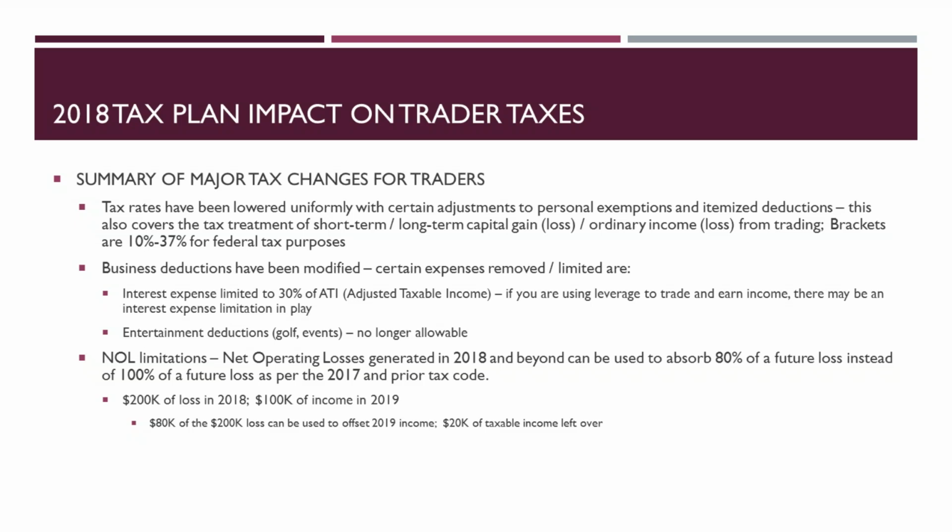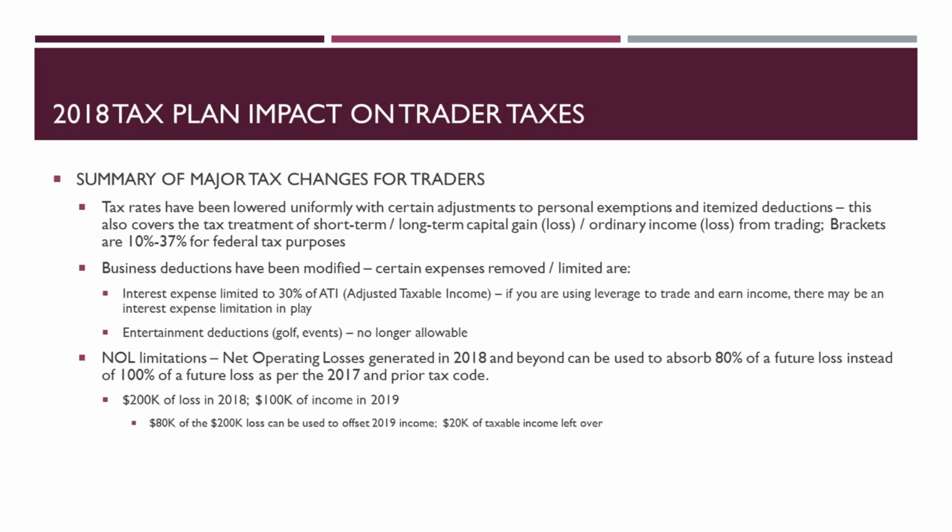Another big change is the net operating loss changes. And this is very relevant to traders that may have a mark-to-market election in place in the first year or two of trading, where they may incur significant losses. Under the prior tax regime, any net operating losses could be used 100% to offset future income.